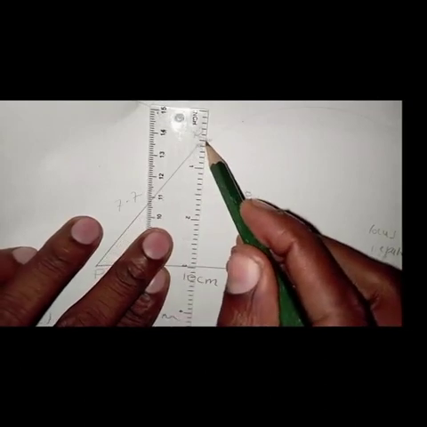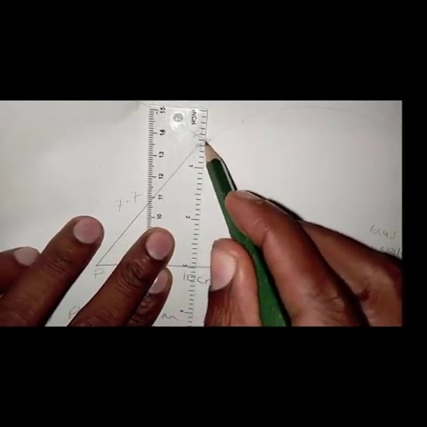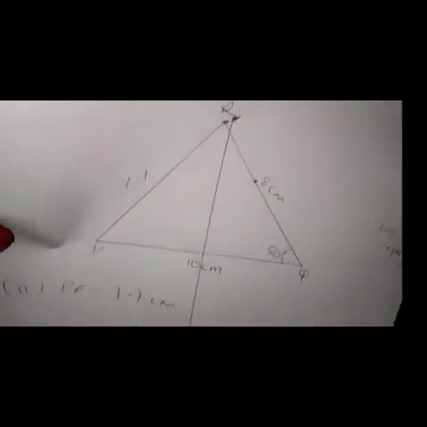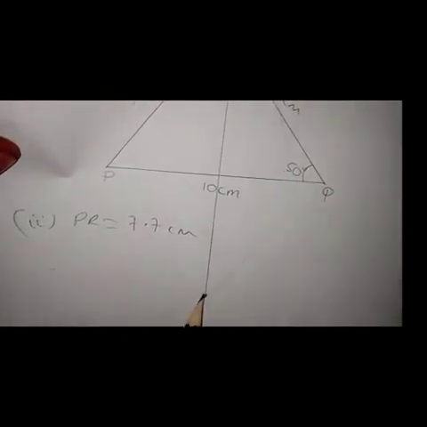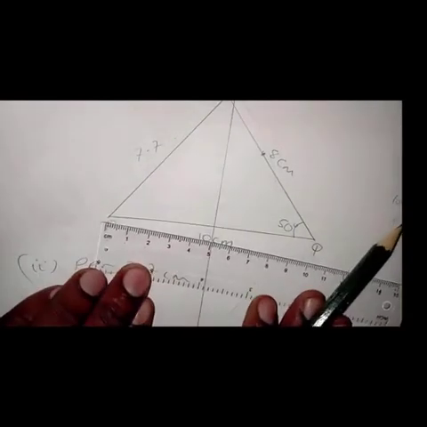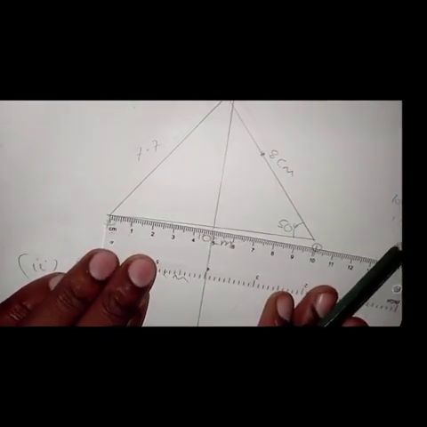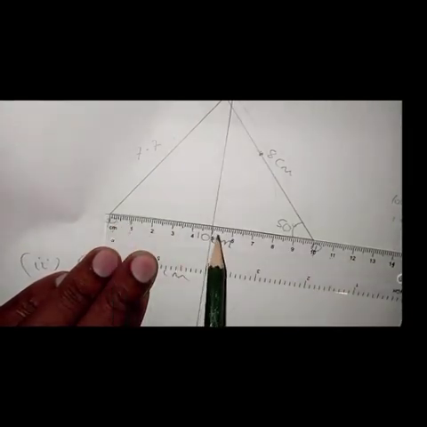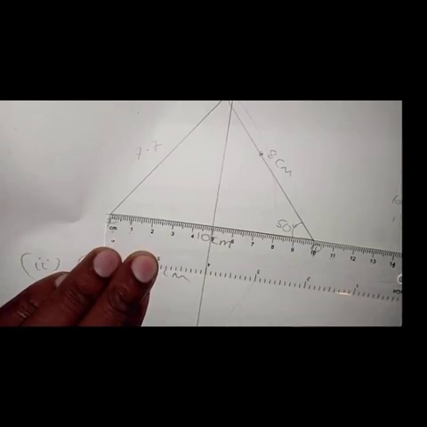See that? So this is your bisector. If you measure here, you find that indeed this line has cut PQ into 5, from here to here 5, from there to there 5. So this is what you're supposed to do.